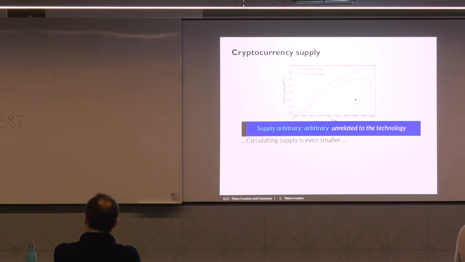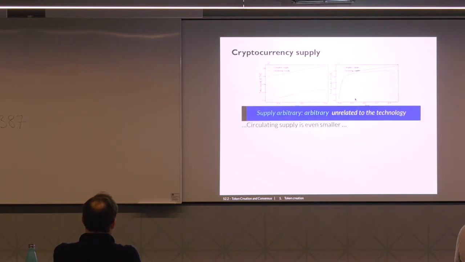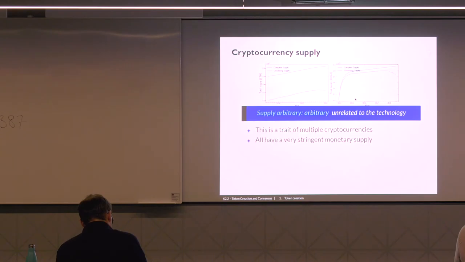And what you observe is that the total supply is 1 and the total circulating supply is sizably smaller in whatever cryptocurrency you are analyzing. This is Ethereum, this is Dogecoin, and this means that you have a very stringent monetary supply, and on top of this you have an even lower actual supply inside of the system.